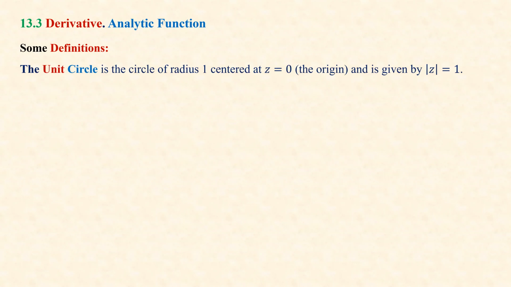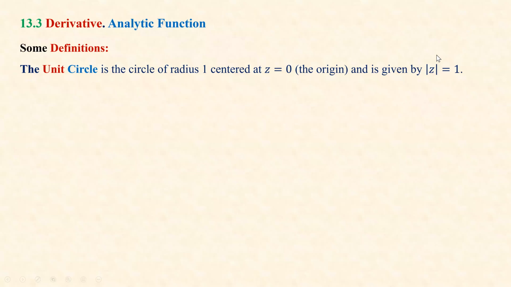So I already mentioned the unit circle. The unit circle is the circle of radius 1 centered at z equal to 0, the origin, and is given by the modulus of z equal to 1. This means that the radius is the distance of all the z values whose distance to the origin is 1, right?